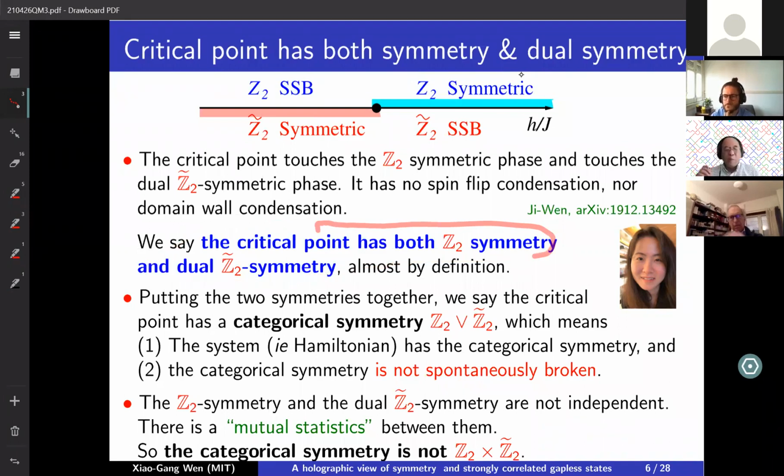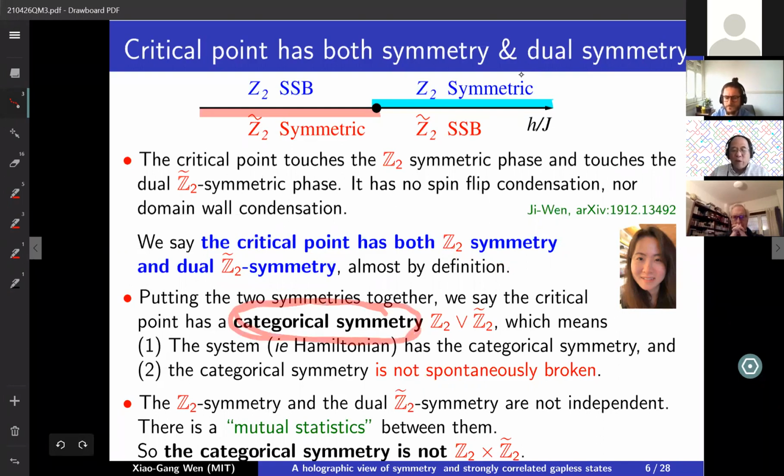Yeah, that's one point. Okay. So in some sense this is not really surprising, because usually the critical point has an emergent symmetry, a larger symmetry. And putting the two symmetries together, we call them a categorical symmetry.